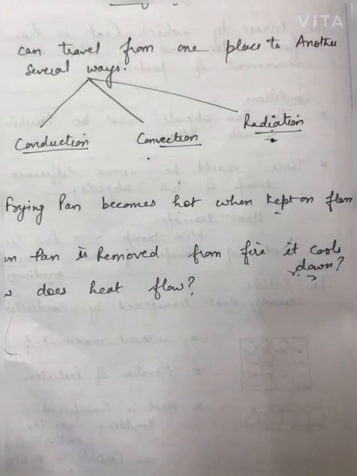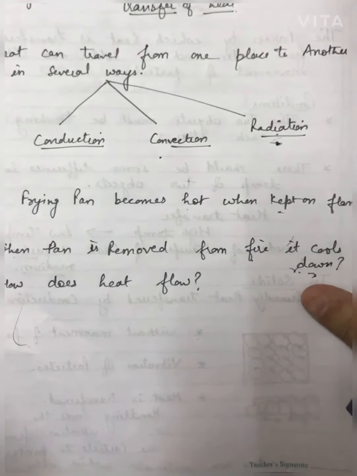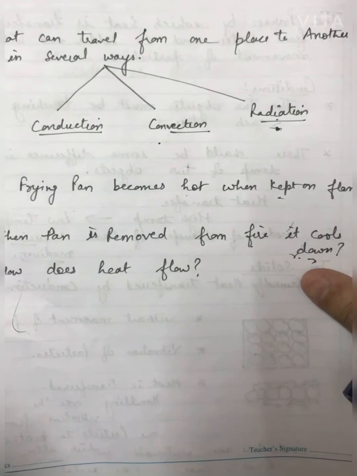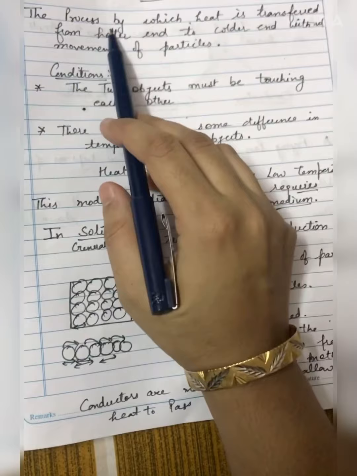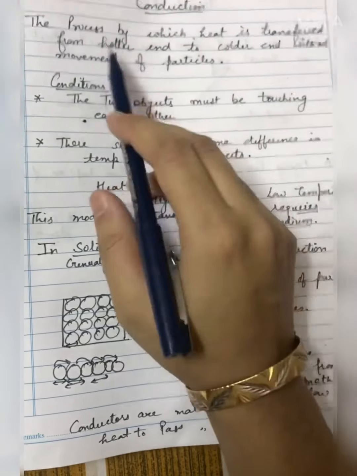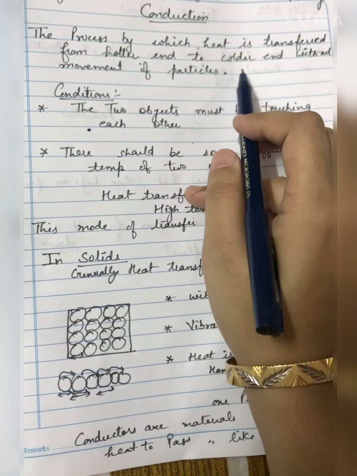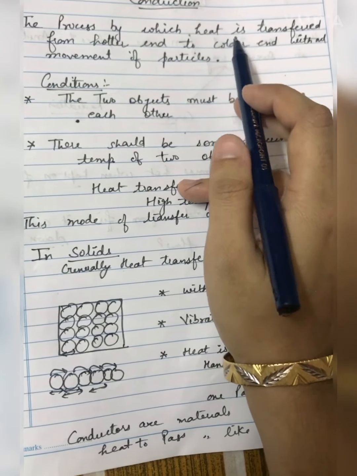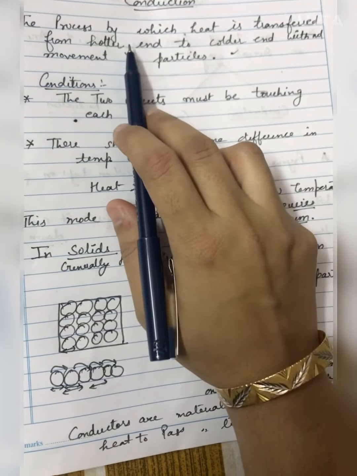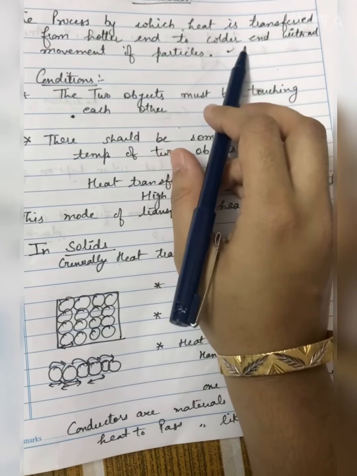So let's begin with the first mode of transfer of heat, that is called conduction. Okay. So what is called conduction? Conduction is a process by which the heat is transferred from the hotter end to the colder end. In the previous videos, I told you that heat is always transferred from the hotter end, that means high temperature, to low temperature.